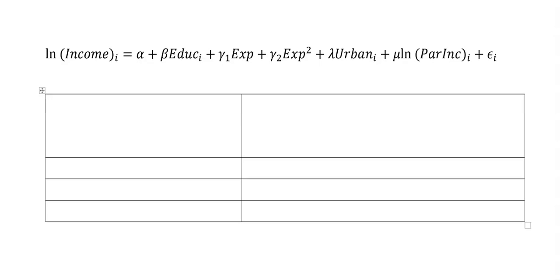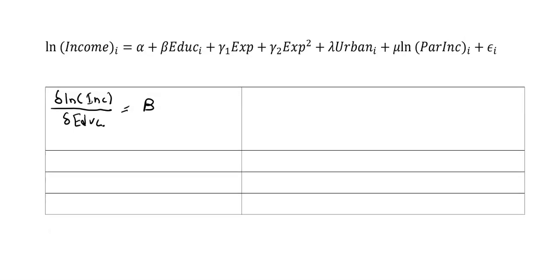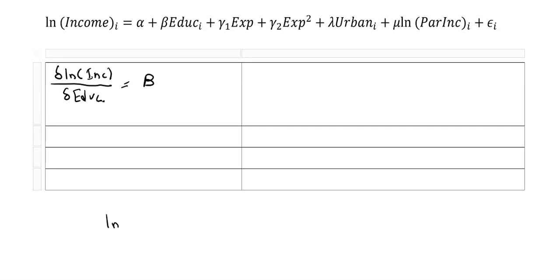Now with that, let's look at how we would take the derivative of income with respect to education. So we would write the ln of income over delta education, which equals beta. That we know for sure. We haven't really changed anything here. Now ln of income does not really help us. So another thing we need to know is if I have ln of y equal x, then d ln of y over dx equals 1, or a number.